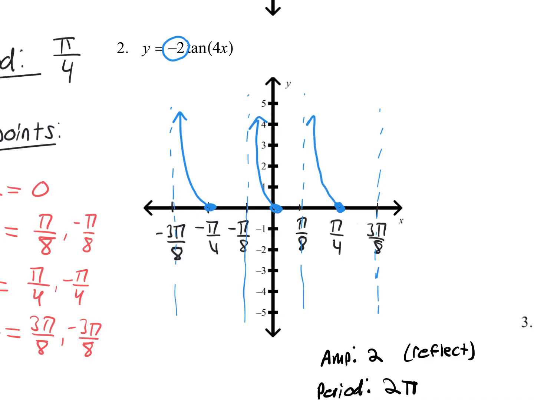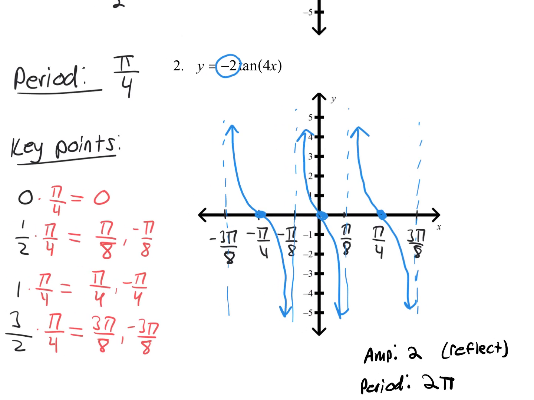So draw it going up towards the left, and towards the right is where it's going to go down. If it was just a regular positive tangent graph, it would go the other way: up towards the right and down towards the left. But that's really all we need to graph tangent.